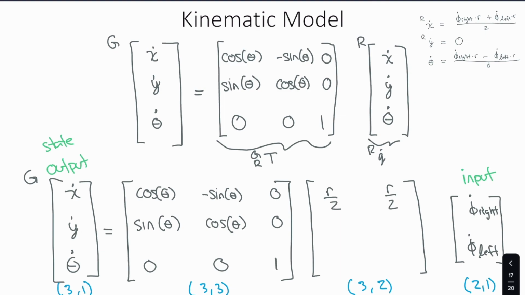Y dot is always 0, so we can multiply phi right and phi left by 0. Theta dot is multiplied by phi right and phi left, which show up in our matrix here. Phi right is multiplied by r over d, and phi left is by negative r over d.